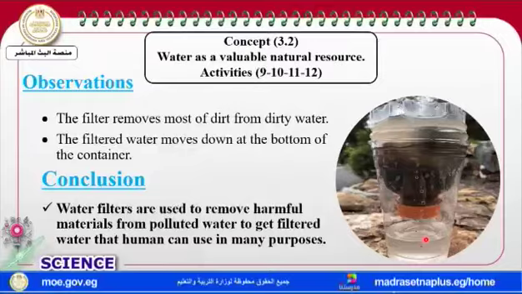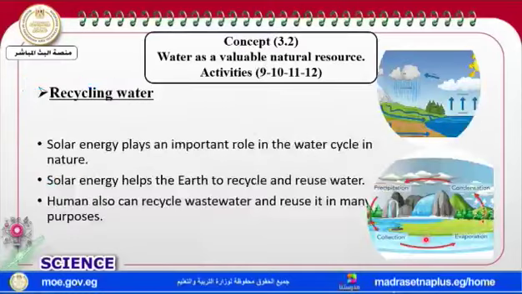Like irrigation. So that's how the human, who causes pollution to the water, reuses or recycles it to use it again, by using what? A simple water filter. That's by the human.